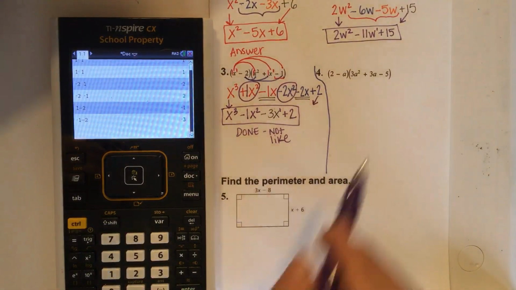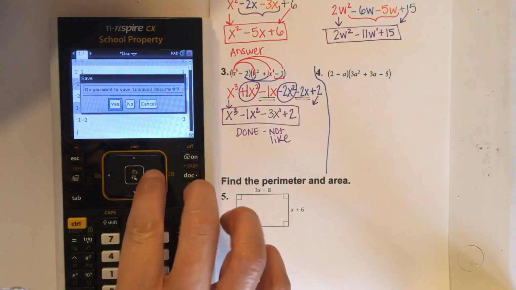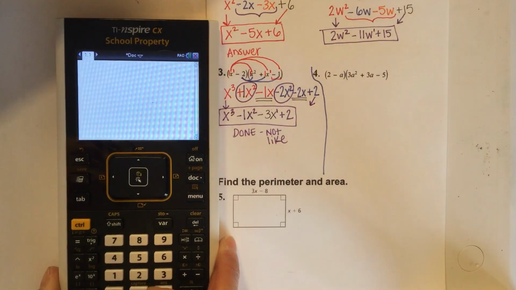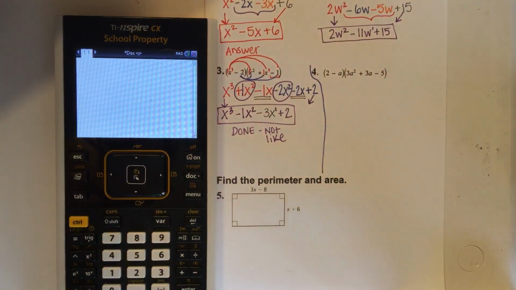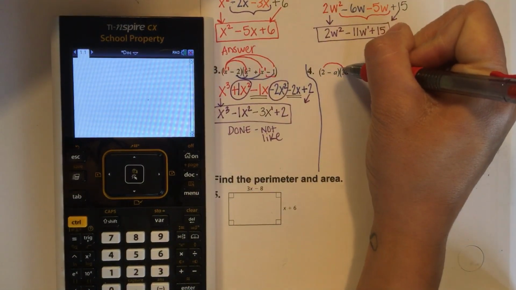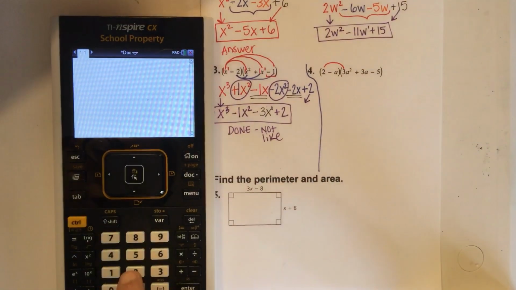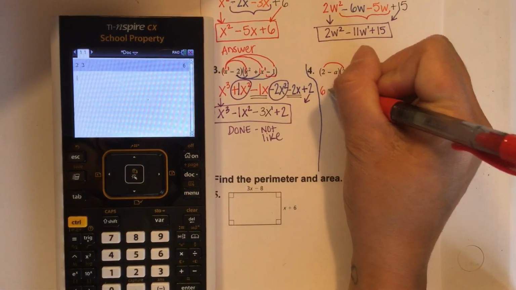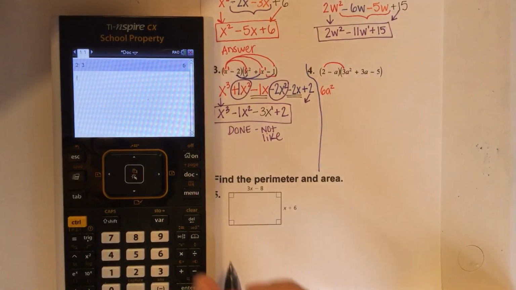Okay, number 4. We're going to do the same concept, and we're going to multiply, then combine like terms. So on number 4, let's first multiply 2 times 3a. So 2 times 3 is 6. So we get 6a squared.